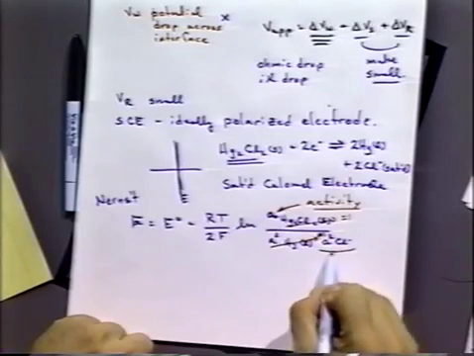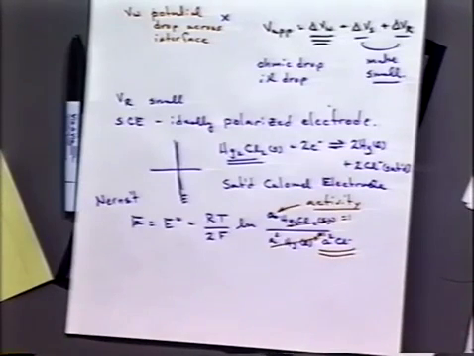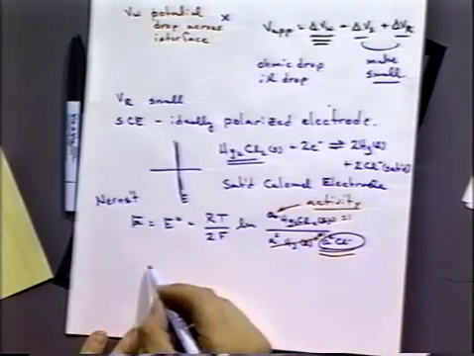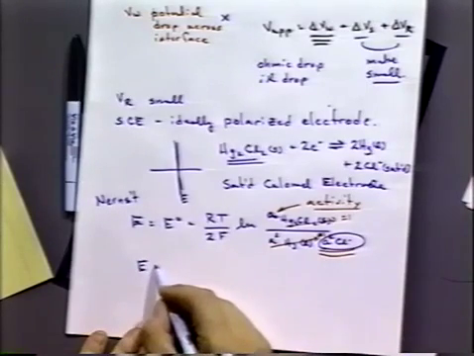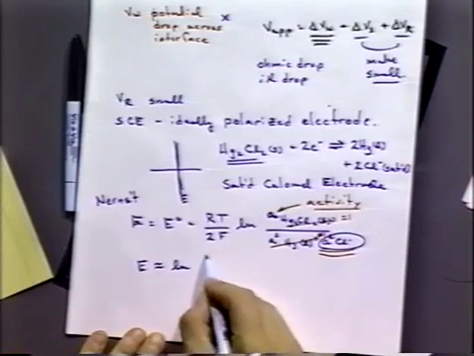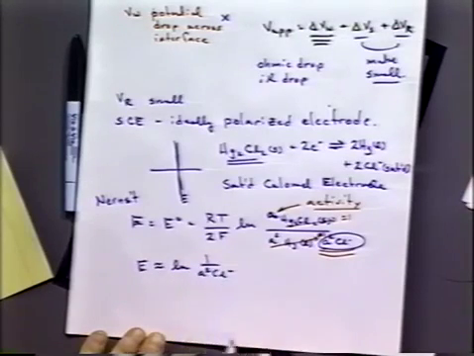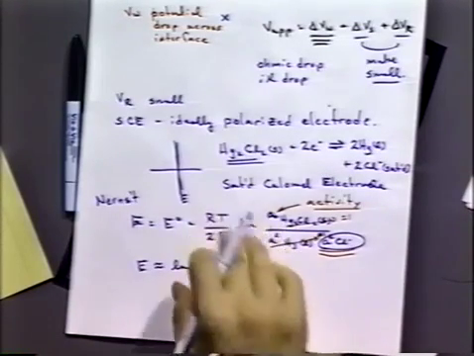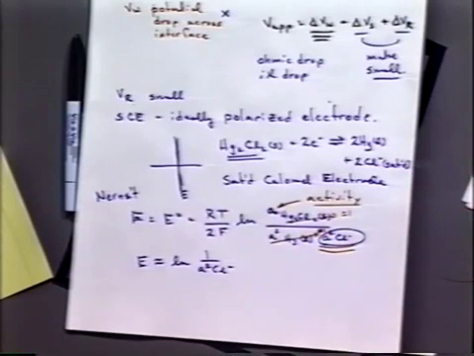And so the only thing that the saturated calomel electrode depends on for potential is the activity of the chloride species. So E is proportional to the natural log of 1 over the activity of the chloride species. And since the chloride ion is saturated in that solution because of the way we've designed it, the potential of our reference electrode is quite stable. As long as we maintain a saturated chloride ion concentration, we get a very constant electrode potential.